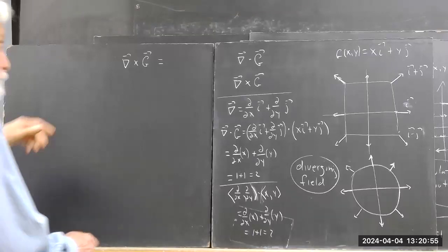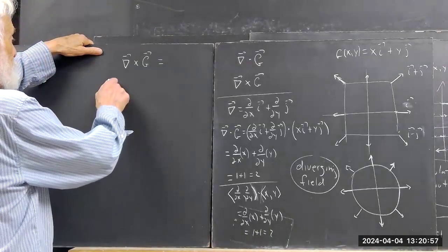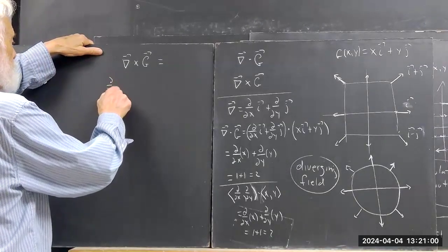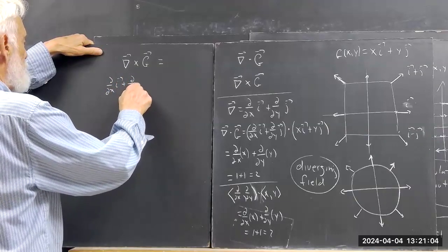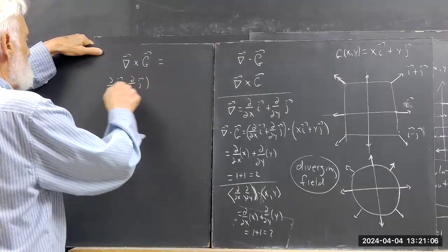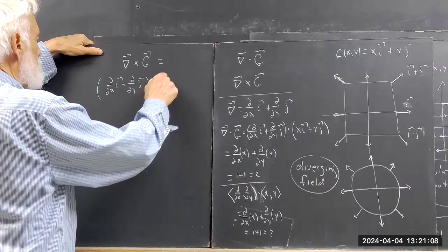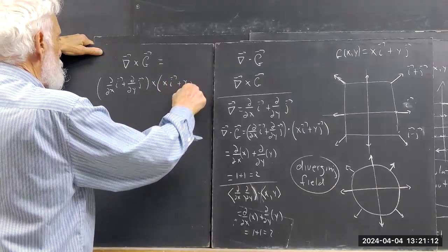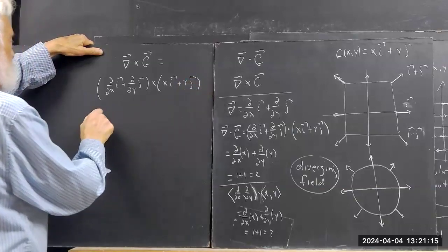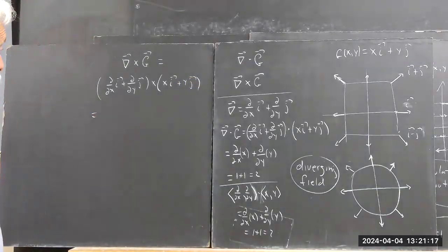First of all, del cross G is, there's a distributive law.